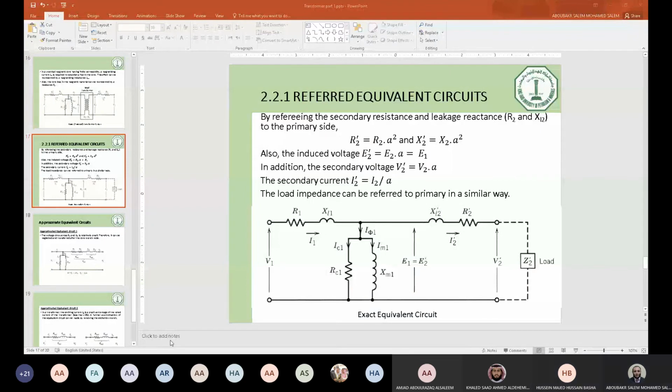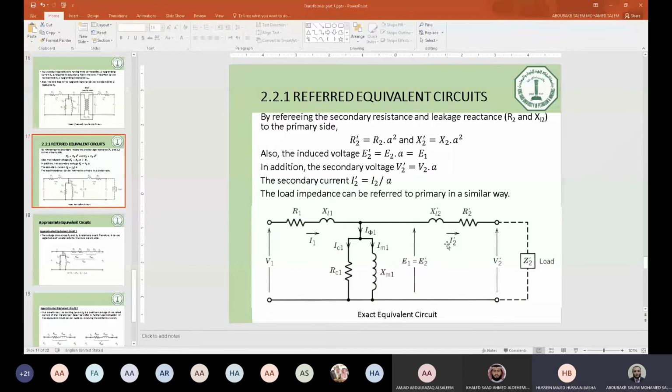So we can calculate the current that flows to the needed load. How can we calculate I2 prime now? We take RC1 and the inductor, take the equivalent of them, and then find the current by Kirchhoff's current law.